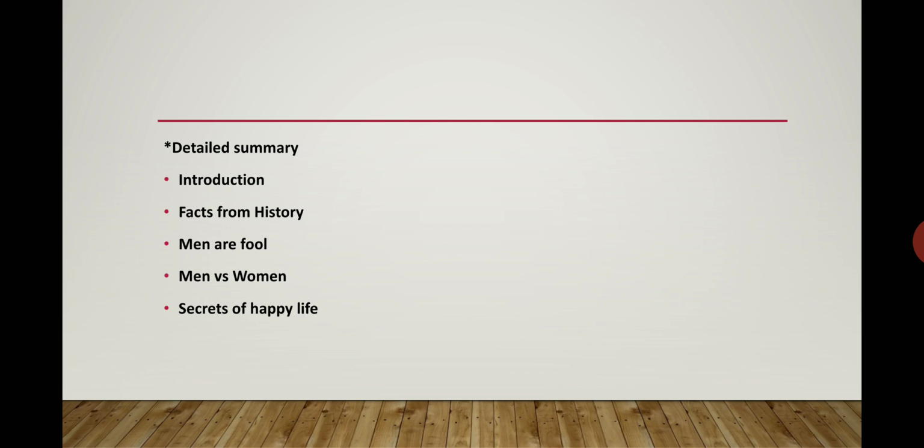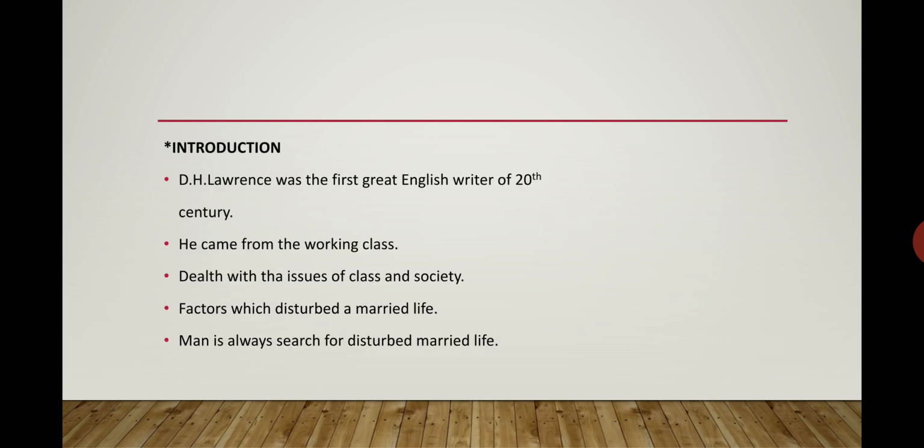This is the introduction, and the next point of the chapter is facts from history. In old age, the Romans introduced the theory of matron, and the writer mentions wives of many historical characters.